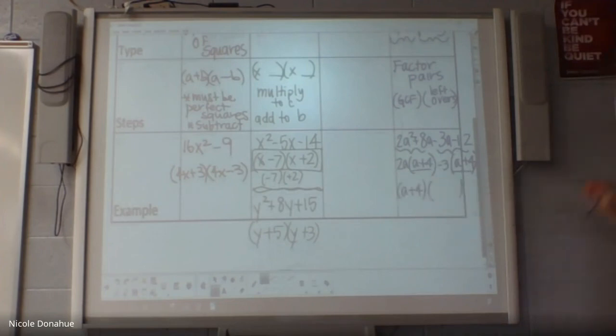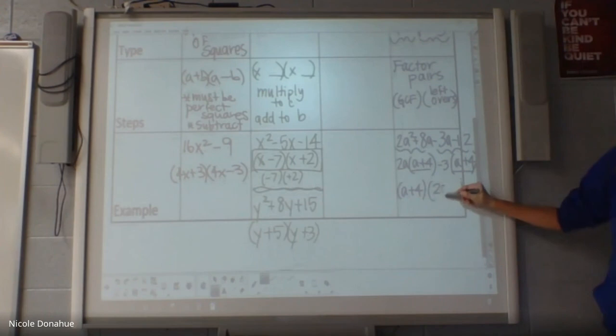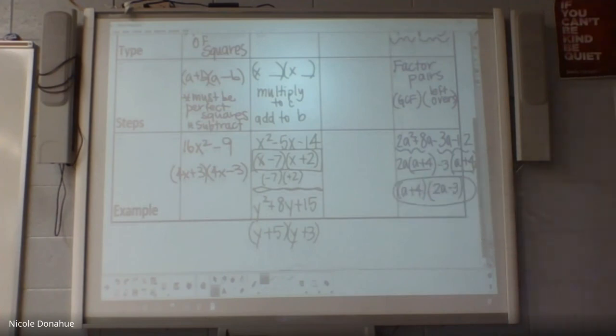If I take that out of those, what am I left with? 2a and negative 3. So I took the A plus 4 out, and I'm left with 2a minus 3. So that is it factored. Now, if you were to FOIL that back through, it would equal what's up there. And that will work every time if the 4 terms are factorable.